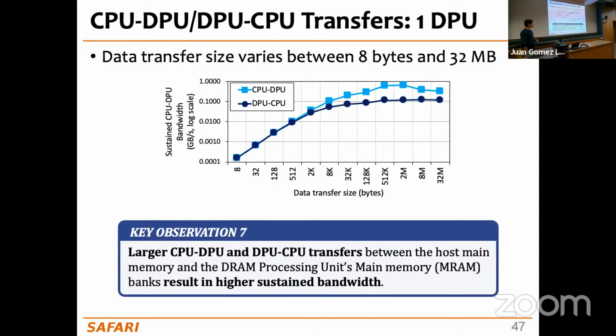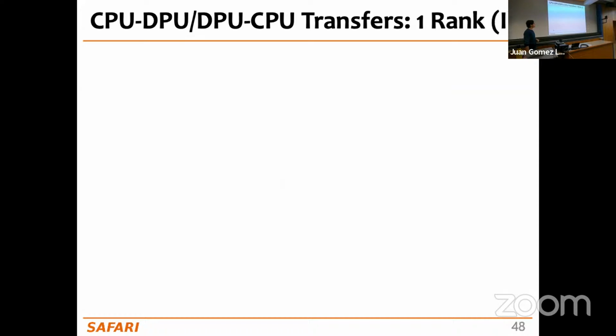One thing that you can already observe is that larger transfers provide higher bandwidth. But it's also true that the bandwidth saturates at some point, right? You can also see that the bandwidth for different directions is different, but this is due to how the runtime system implements these data transfers, details that are somehow oblivious to us at this point.